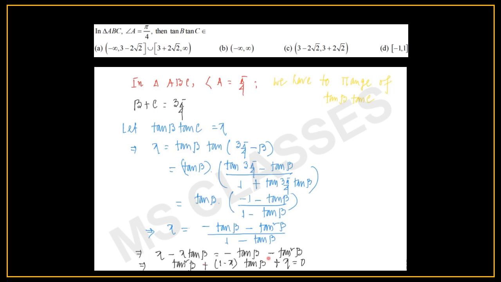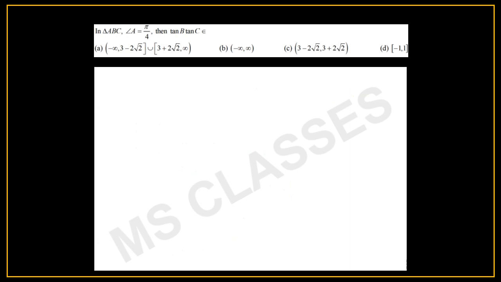So here we get a quadratic in terms of tan B. Since it is a quadratic in tan B, which is real, therefore the discriminant will be definitely greater than equal to 0 for the above quadratic.